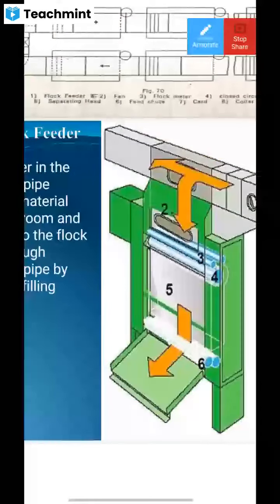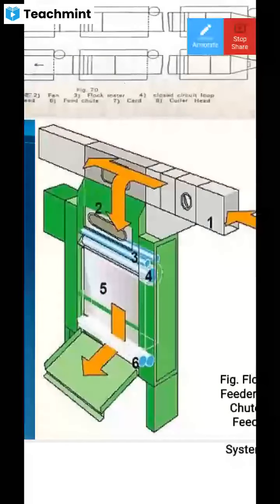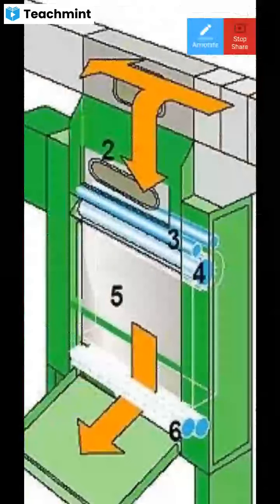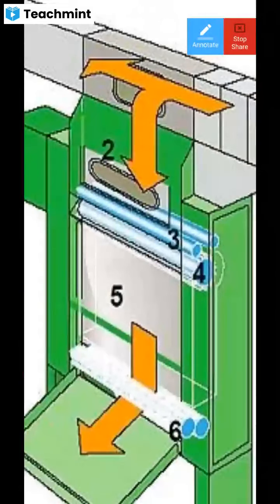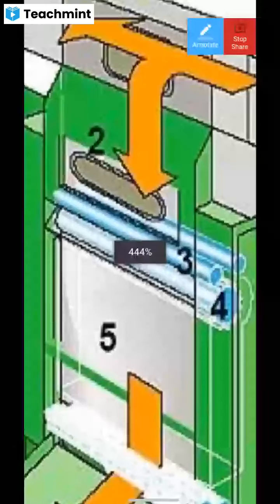Suppose material is required, the level of filling in the duct comes down. Here some sensor systems are available, and the material is filled according to the requirement. Suppose the glass duct is fully filled with material. Here one swing door is available near port number 2.